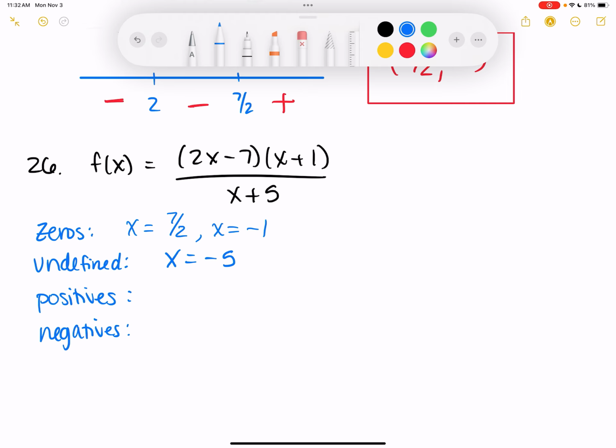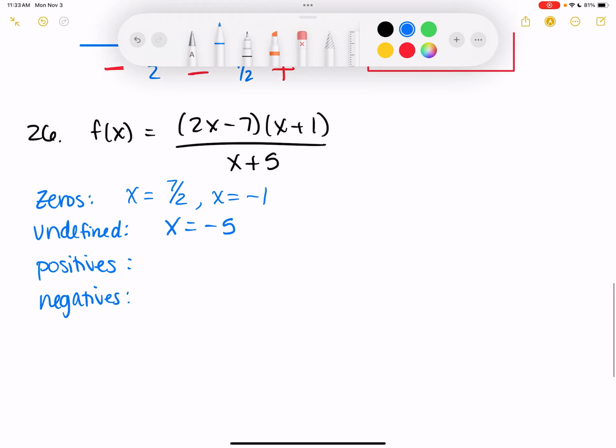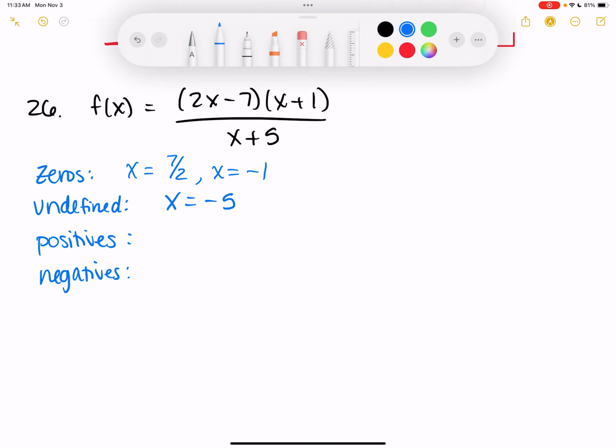So, pay attention closely here. When I set up my sign chart on this problem, I'm going to put negative 5 on here. But what I like to do is put a slash through it so that I know this is not a 0. Not as big of a deal on equalities, but when I get to inequalities where they are like or equal to and I'm including zeros, I don't want to accidentally include an undefined value.